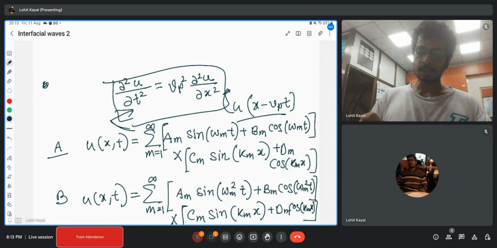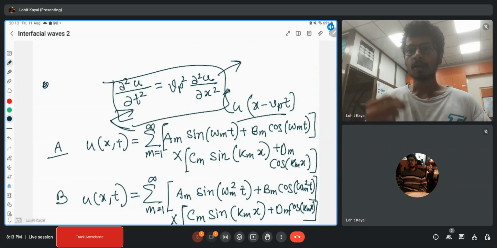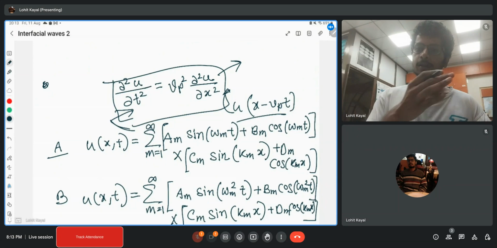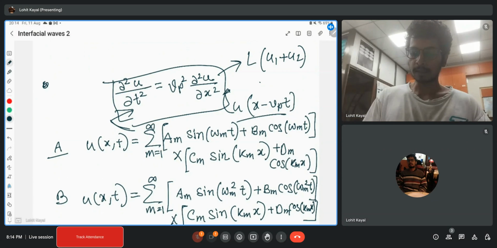Now the summation means that all of them individually can satisfy this equation, and also their summation, because this is a linear equation. This is a property of a linear equation: suppose L is your linear operator, and u1 and u2 are some solutions of it, then you can write L of u1 plus L of u2.